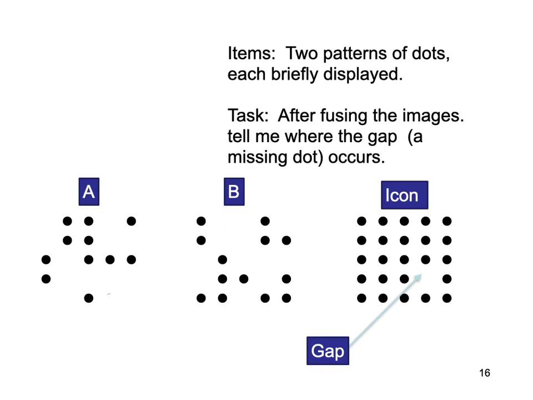B then, but they are carefully arranged so that if you superimpose them in the icon, if you fuse these two patterns, you will be left with what you see on the far right. And I can vary this from trial to trial, so the gap changes from image to image across trials. And the task is, where is the missing dot?